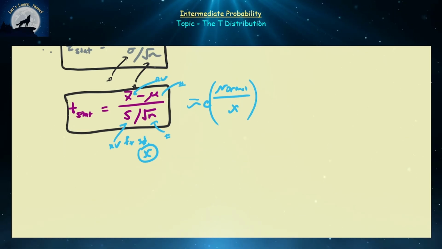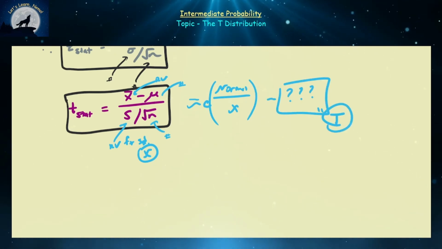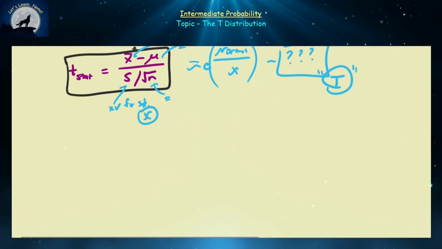So what is the quotient of a normal and a chi random variable up to scalars? This is going to follow some distribution, and the distribution's name is going to be referred to as a t distribution. Some people also call it a student's t distribution, named after one of the people who designed it.